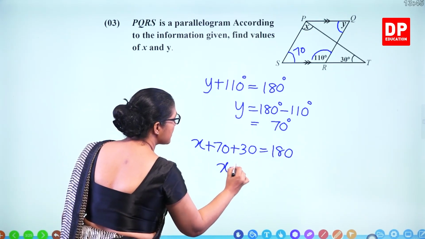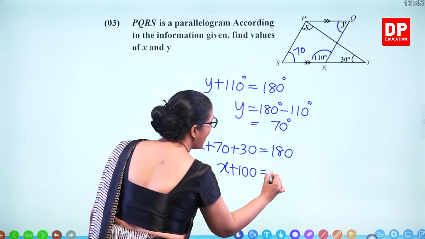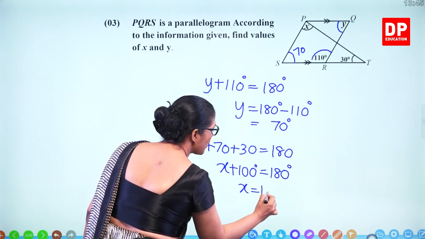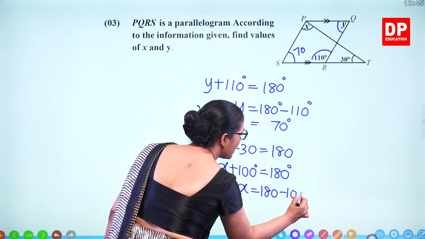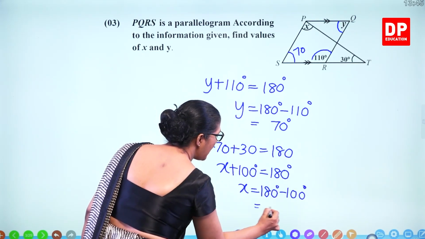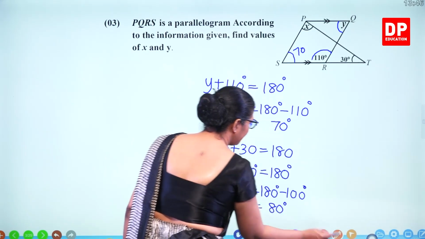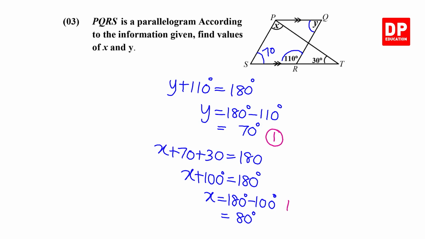So x plus 100 equals 180. So x is 180 minus 100, which is 80 degrees. You get 2 marks for that, 1 mark for the y value and 1 mark for x.